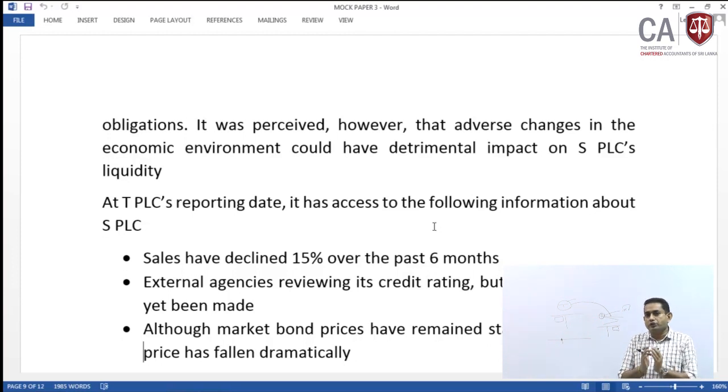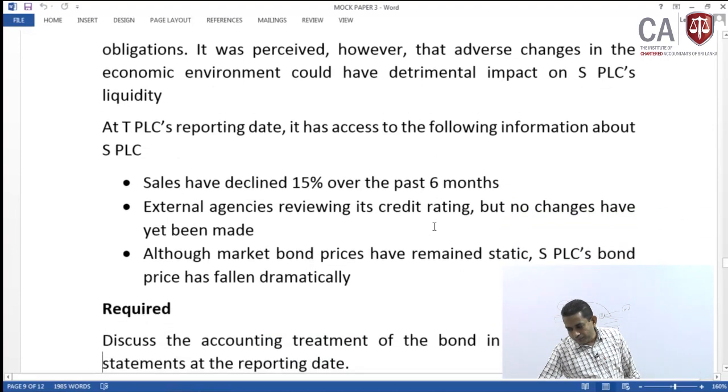You need to highlight these 2 points, sales dropping by 15% and bond prices falling dramatically, and that will result in you applying lifetime expected credit loss for the investment in the bonds of company S, not 12 months. Why? That will make it clear that the credit quality of the bonds issued by company S has significantly deteriorated. So, that is the conclusion: the type of credit loss to apply on the impairment review should be lifetime expected credit loss.